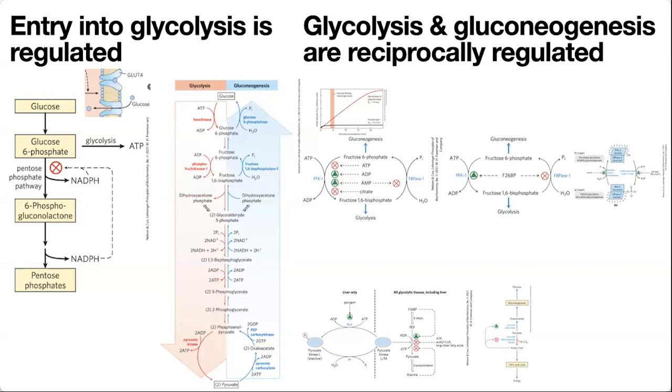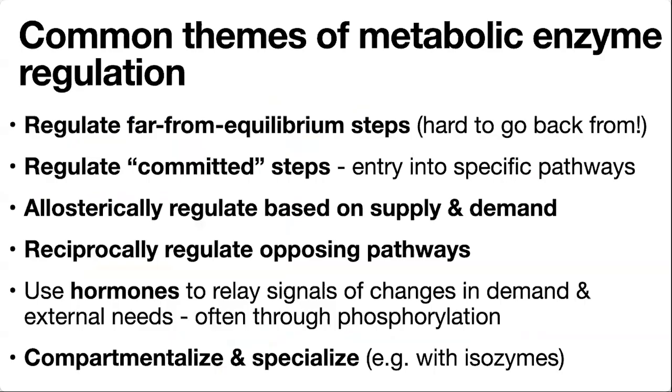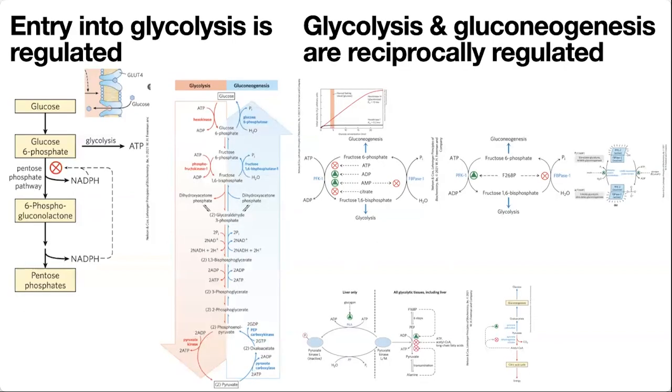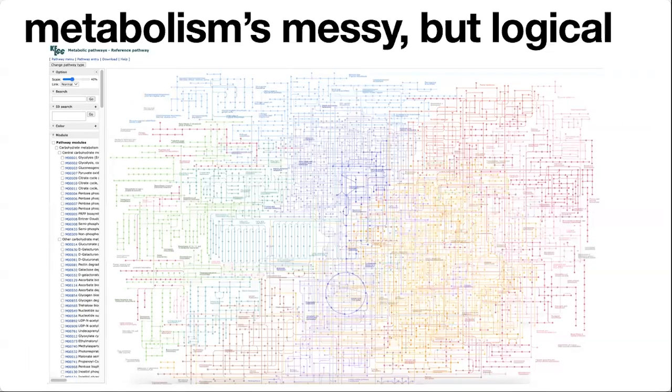So there's integration of signals from inside the cell and from outside the cell through hormones, different specialization in different tissues, allosteric regulation to the max. All of these things are on display in these pathways, and also in a lot of other pathways that we're not going to have time to get into. But hopefully you can apply the same logic and those pathways will seem more, I guess, logical.